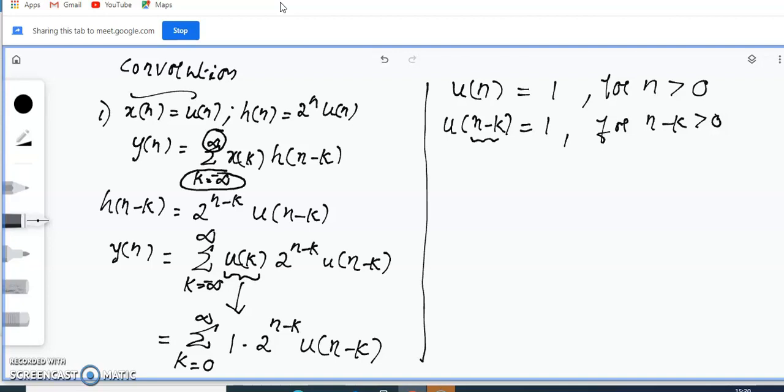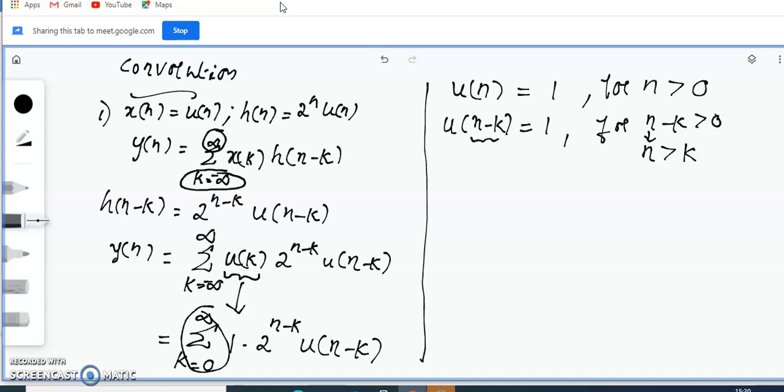So u of n minus k is 1 for n minus k greater than 0, because u of n is 1 for n greater than 0. From here you can simply write n greater than k. Just put this minus k on the right side, it will become plus k. So u of n minus k is 1 for n greater than k. So you can simply change the limit in this equation.